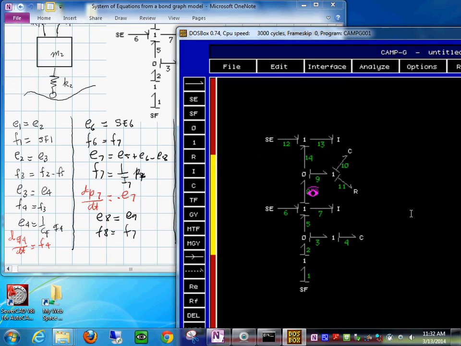E5 plus E6 minus E8, and then we have F sub 8 is F7, which is the one on the bottom here.